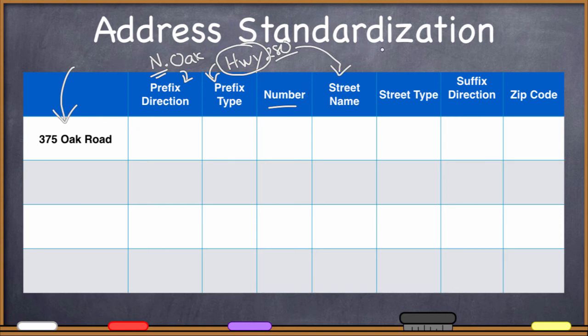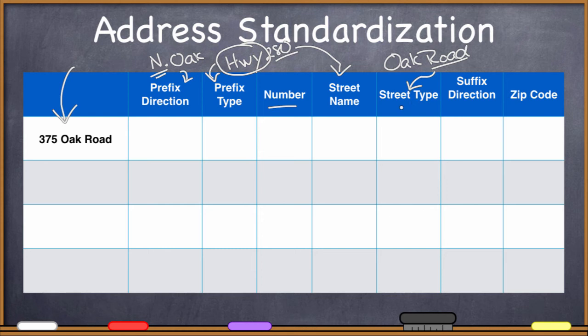Then street type, this is everything that comes after the name of the road, or name of the street. So if we have Oak Road here, well, what is this? This is road that would go into street type. There's avenue, boulevard, street, circle, court.